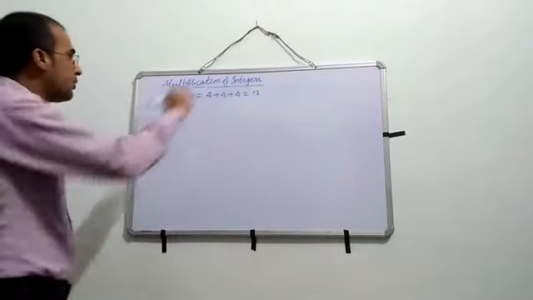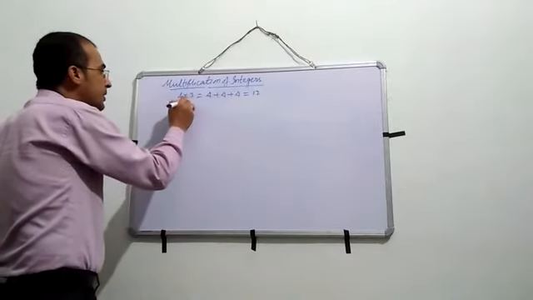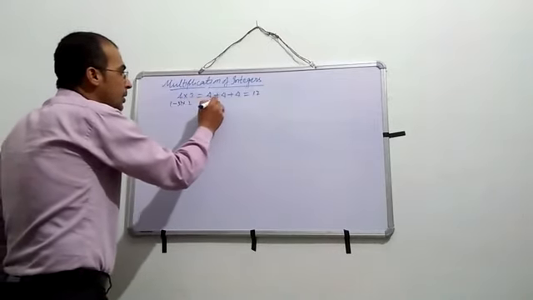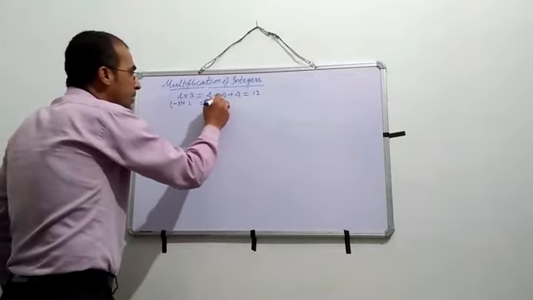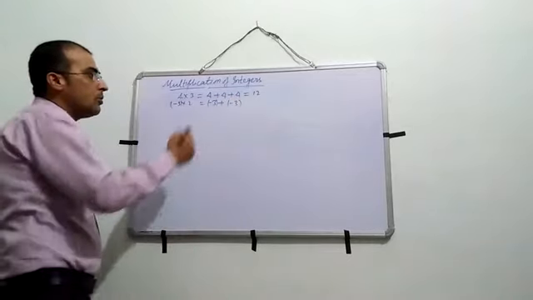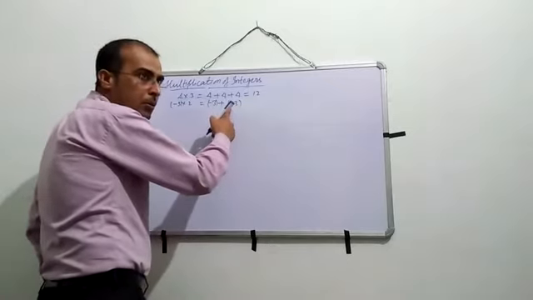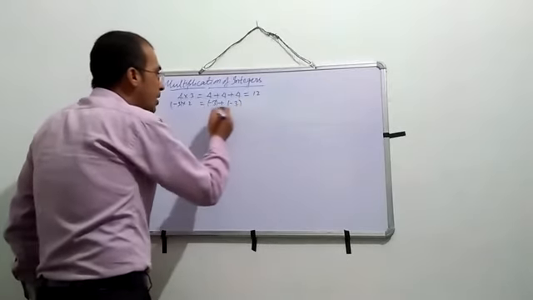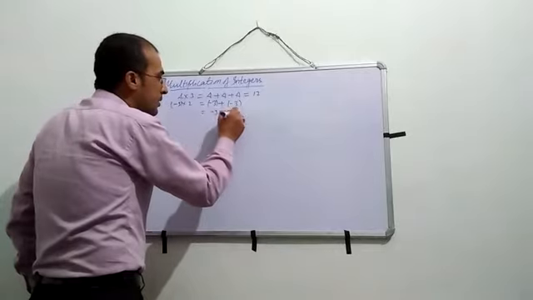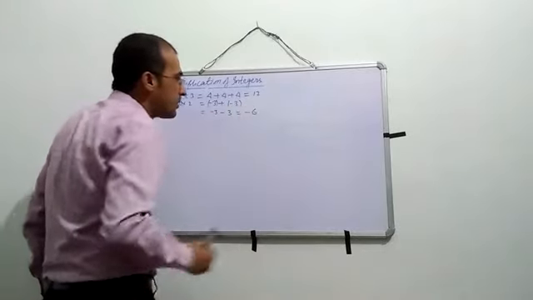We can take negative integers, minus 3 into 2. Its value will be minus 3 plus minus 3, which is minus 3 minus 3, equal to minus 6.